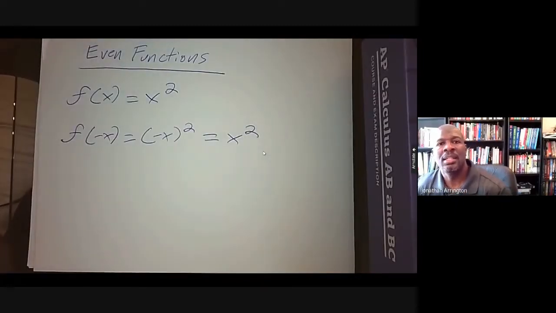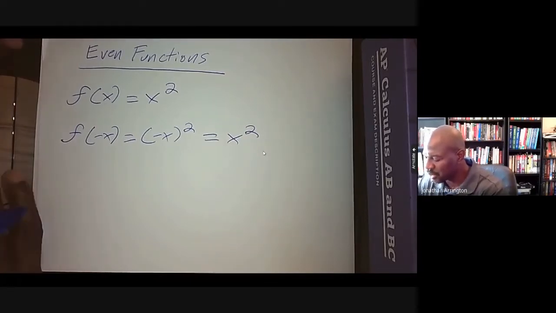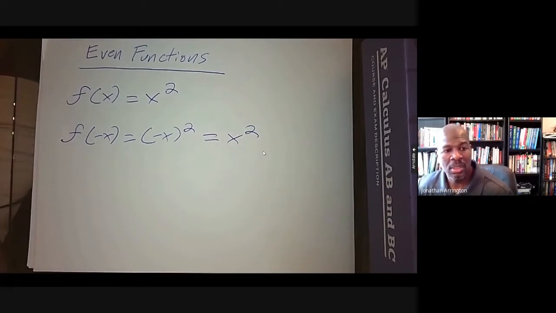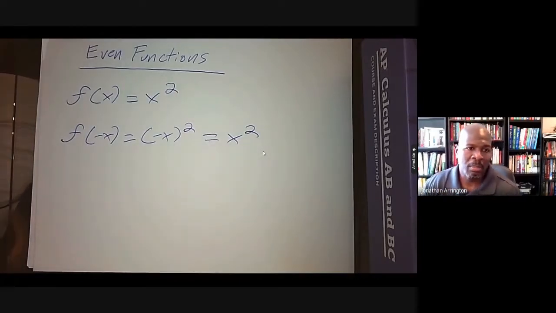Because when you raise that negative x to an even power, it just turns into a positive x. So that's why we call them even functions. Of course, even functions go beyond polynomials. You have some trigonometric even functions and other types of even functions, so it goes beyond polynomials.